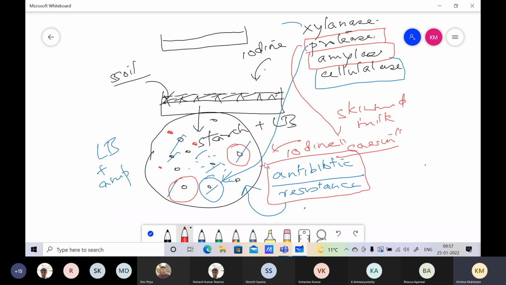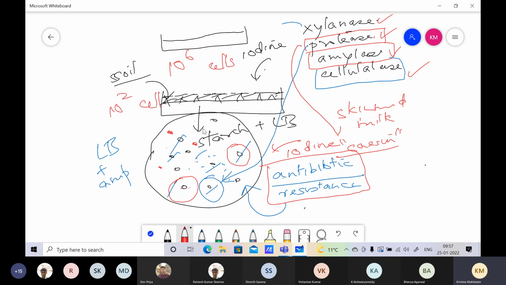So, positive selection is very easy, where everything else which does not have your property dies. Because then in a single plate you can screen 1 million cells. But if you want to look for a phenotype, like cellulase, amylase, protease or xylanase production, then in each plate you cannot have more than 100 colonies, 10 to the power 2 cells.